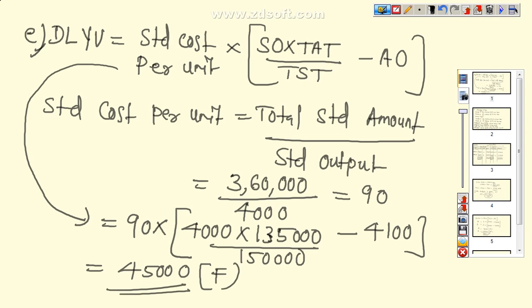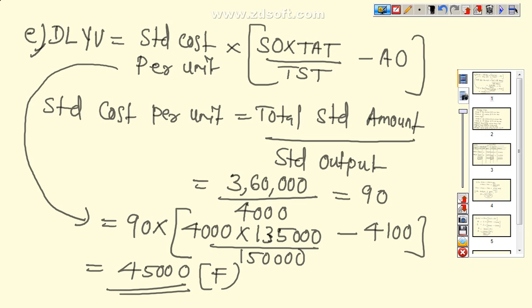And one more point we have to remember: in case of yield variance we don't have to calculate it for different categories of laborers or workers, we have to calculate it combinedly. But if the output is not given, there we have to calculate revised labor efficiency variance. There we calculate it for different grades of workers or laborers.